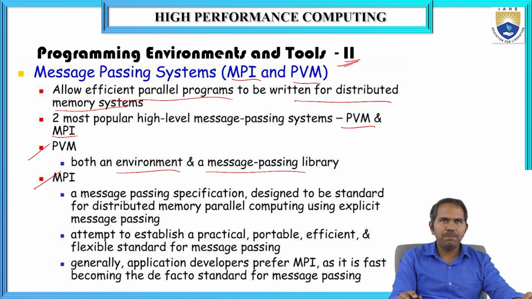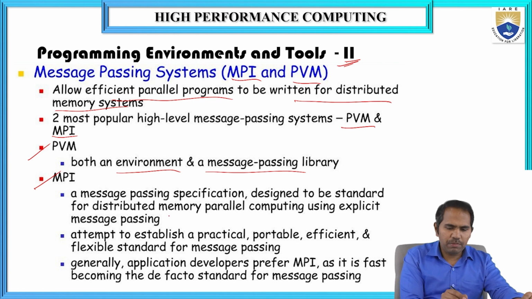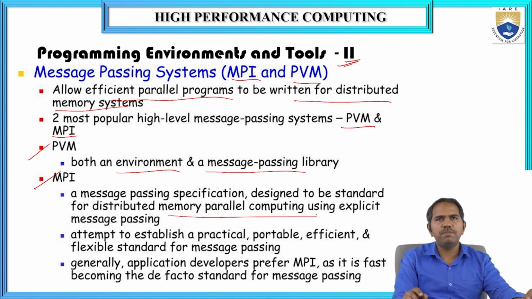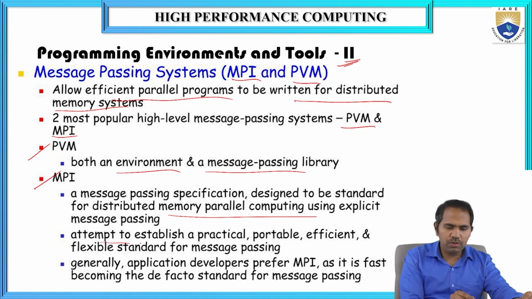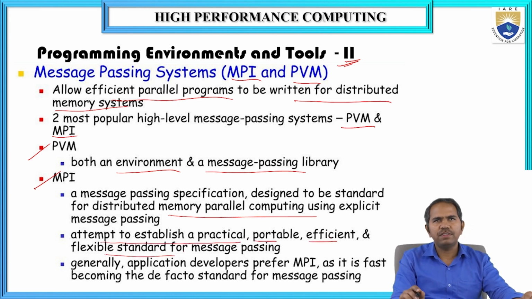MPI, the message passing interface specification, designs the standard for distributed memory parallel computing using explicit message passing. It attempts to establish a practical, portable, efficient, and flexible standard for message passing.